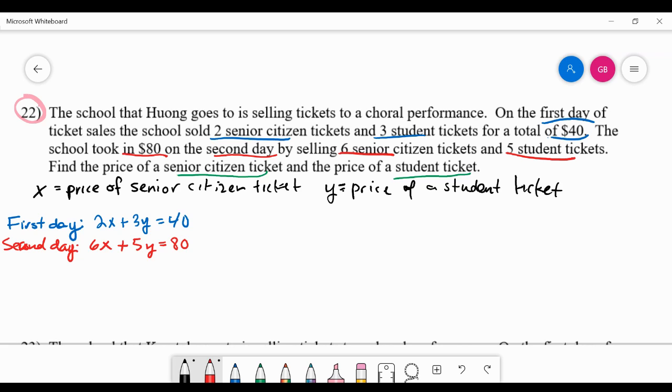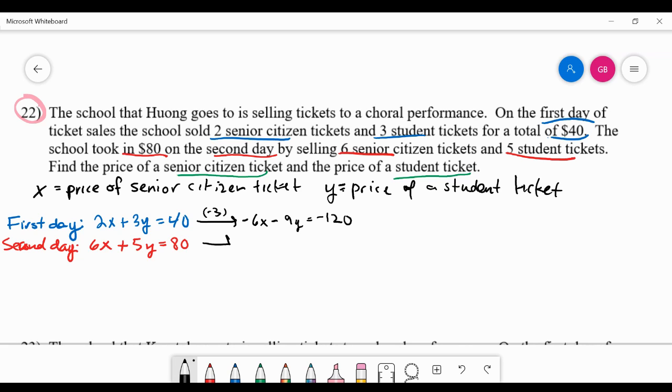Okay, now we have to see what we could eliminate. Nothing matches, but using multiplication, we could eliminate the x if you multiply by -3. So we're going to multiply the first equation by -3. That's going to give us -6x minus 9y is equal to -120.